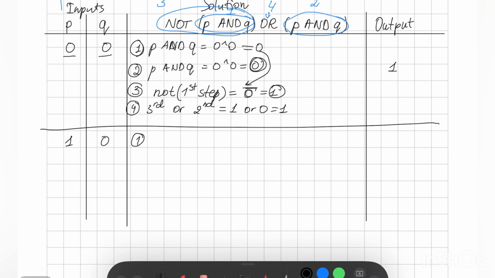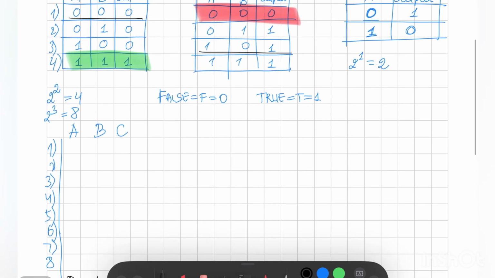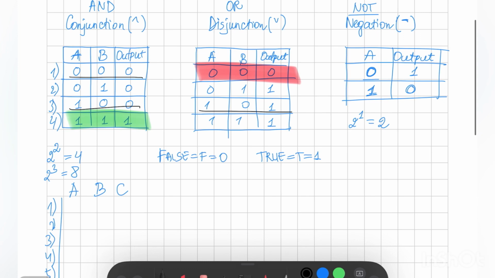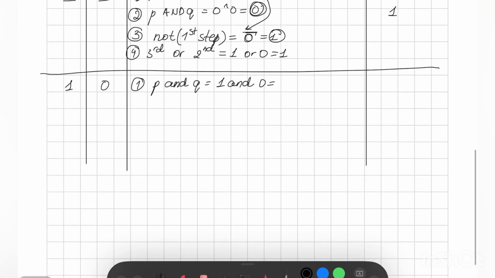The first step is P and Q. P is 1, Q is 0. 1 and 0 is 0. Second step, same as the first step, P and Q. 1 and 0 is 0.